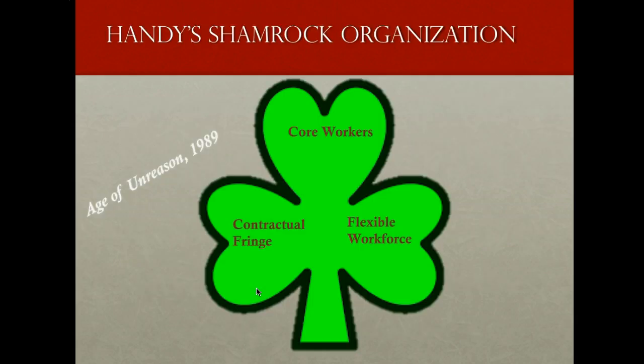Handy wrote about this in terms of a Shamrock organization. And he said that we're moving more towards, and he said this in 1989, and you can indeed see this more and more, that every organization has a set of core workers as part of the Shamrock, and then a contractual fringe. So these are other organizations that we contract out that have their own core technology.